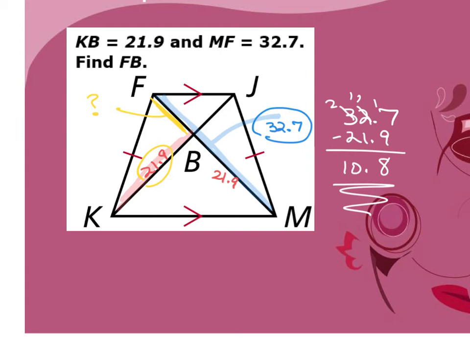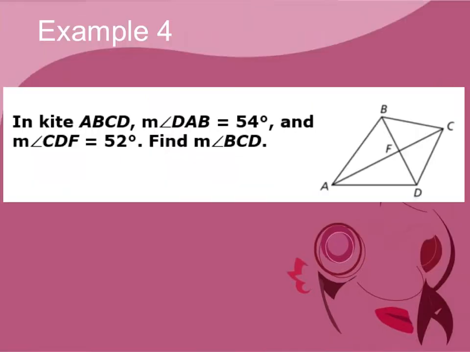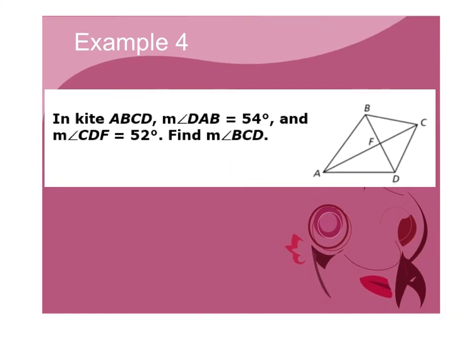Let's do some examples with kites. So in kite ABCD, the measure of DAB is 54. Let me go ahead and label that. So this one down here, this whole thing is 54 degrees.